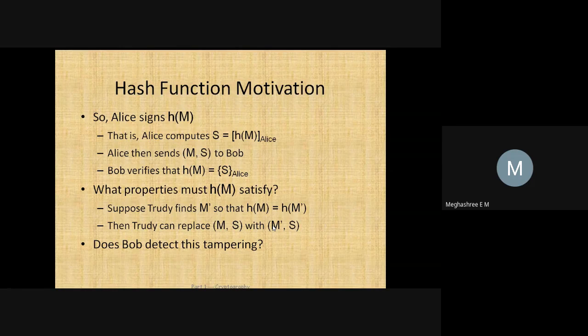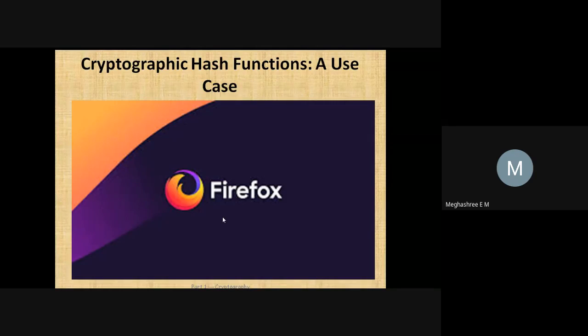This is a scenario where you can see the importance of the hash function as well as its drawback. When he performs the hash function on m dash, it will match the Alice message, but he will not know what exactly the message sent by Alice was, because this message was tampered with while being sent from Alice to Bob.